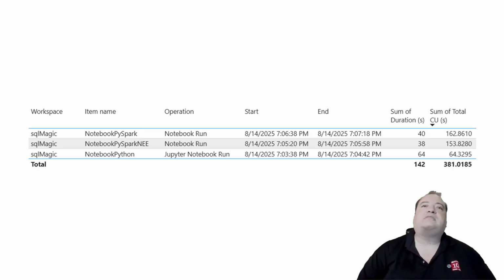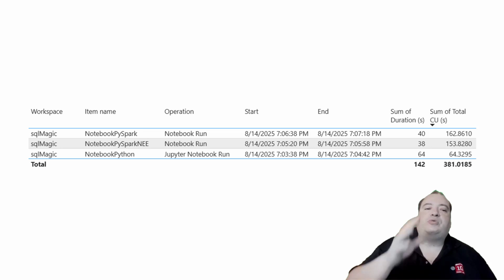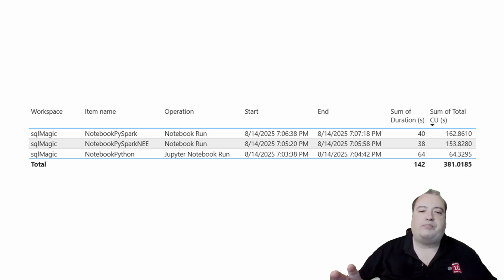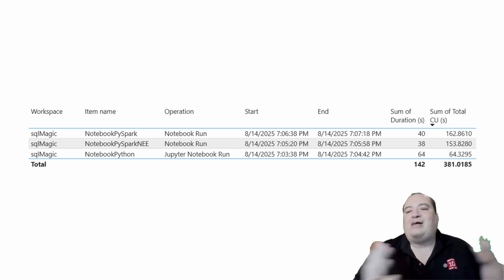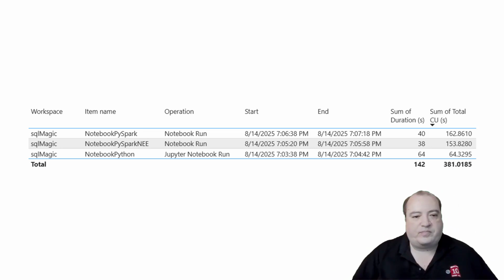Check this. This is the result in Fabric chargeback app, showing the costs of the execution. The T-SQL notebook doesn't even appear because it has no cost. A PySpark notebook without using native execution engine is the heaviest, 162 CUs.